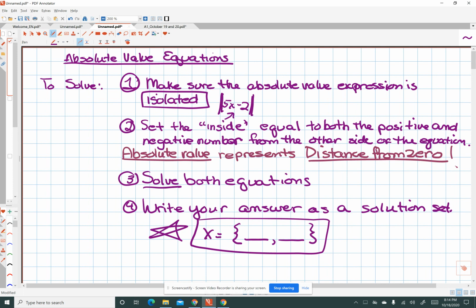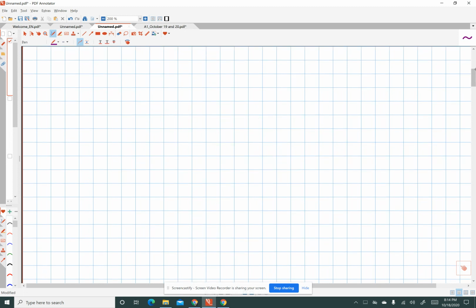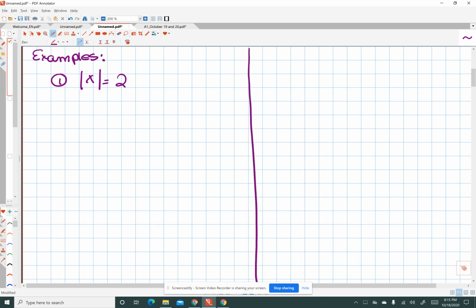And we want to remember to show our work when we do these. So let's start with the first couple of problems. Some examples. Okay, number 1. We'll begin with the absolute value of x equals 2. So what is the absolute value of x?